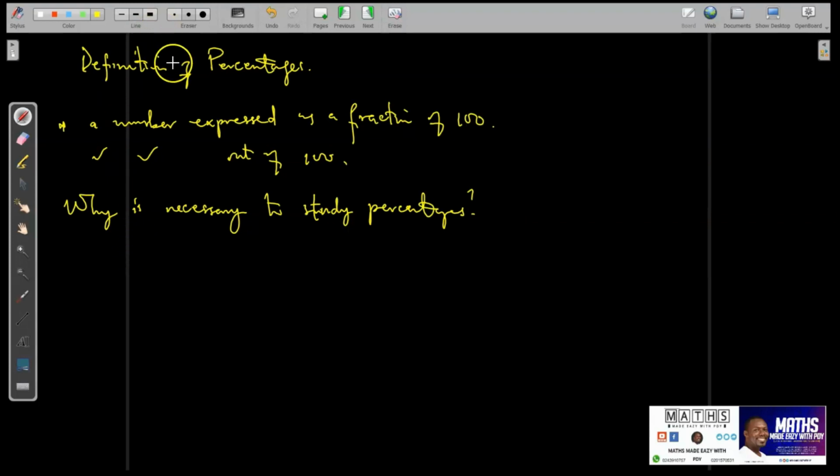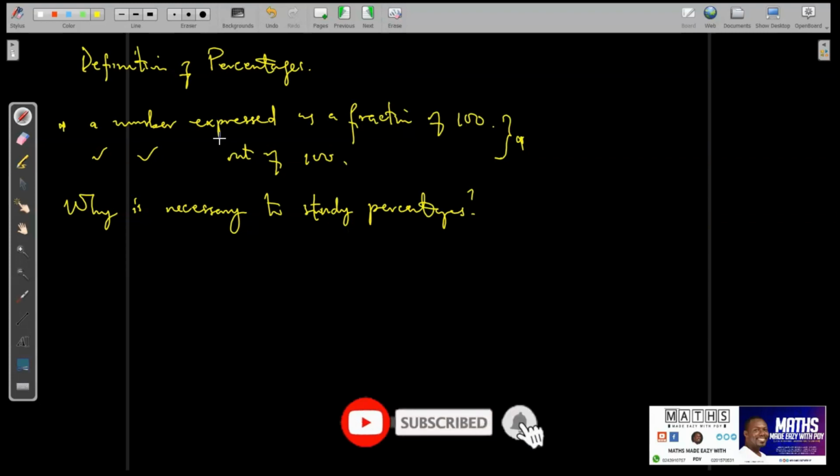Now, to begin with, as you rightly said, percentage is just a number expressed as a fraction out of 100. That's a perfect definition. Or you can say that it's another way of writing fractions, but this time around, the denominator must always be 100. Or you can also say that percentage is dividing a quantity into 100 parts and taking just a fraction of it.